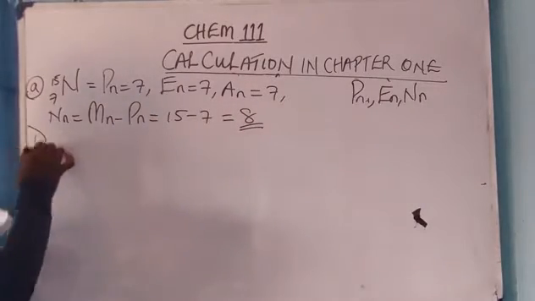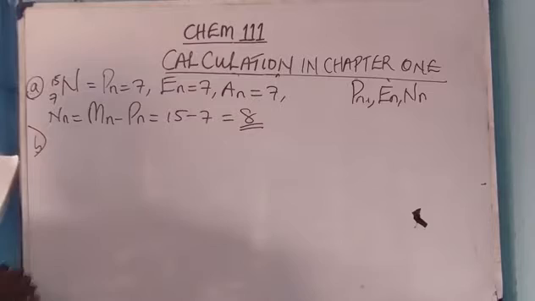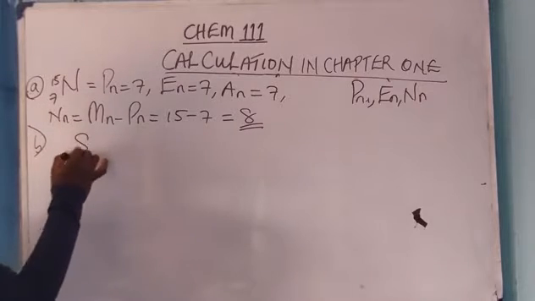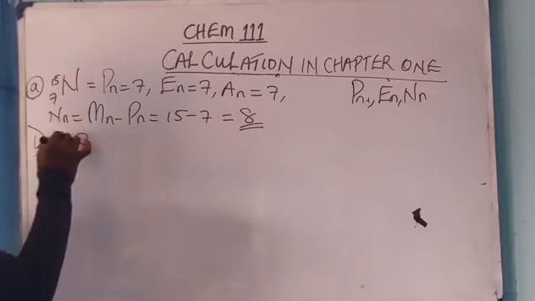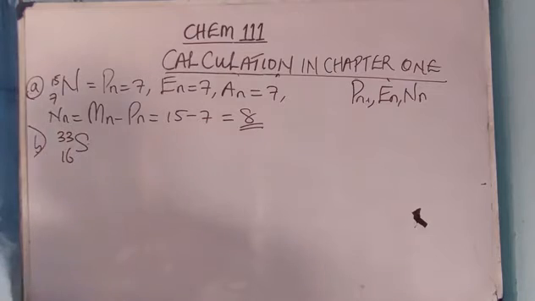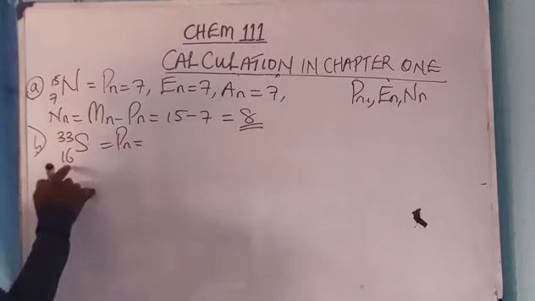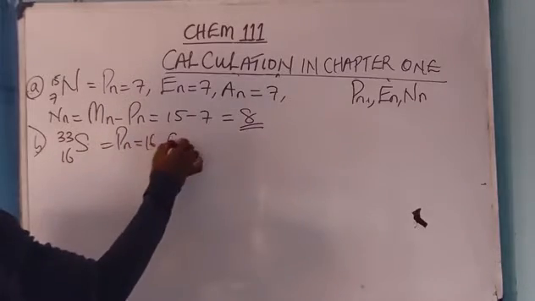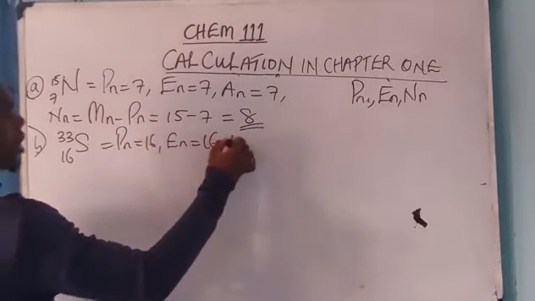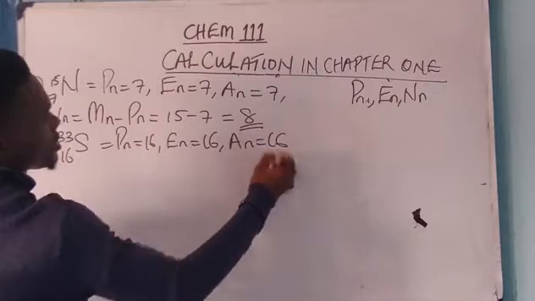Then B, I have sulfur-33, with atomic number 16. I believe that's what is here. Now proton number, of course, is 16. Electron number 16. Atomic number 16.